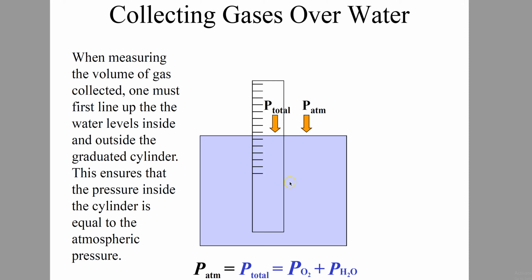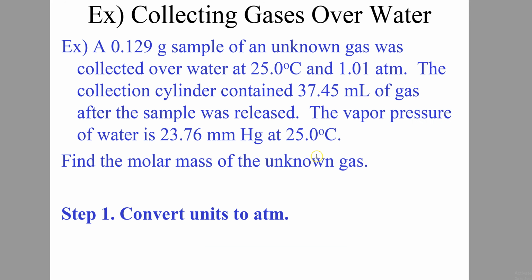So the atmospheric pressure is going to equal the pressure of the O2 plus the pressure of the water, because there's a little bit of vapor pressure coming from the water. So you need to take into account both the O2 being produced and the pressure of the water vapor.